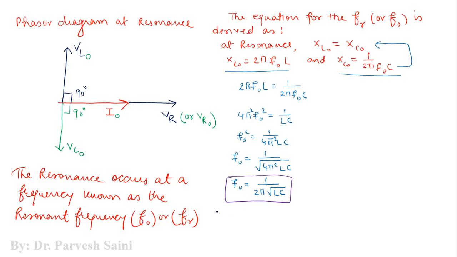So F naught depends upon the value of L and C, right? Now how will we obtain the resonance in a series RLC circuit?